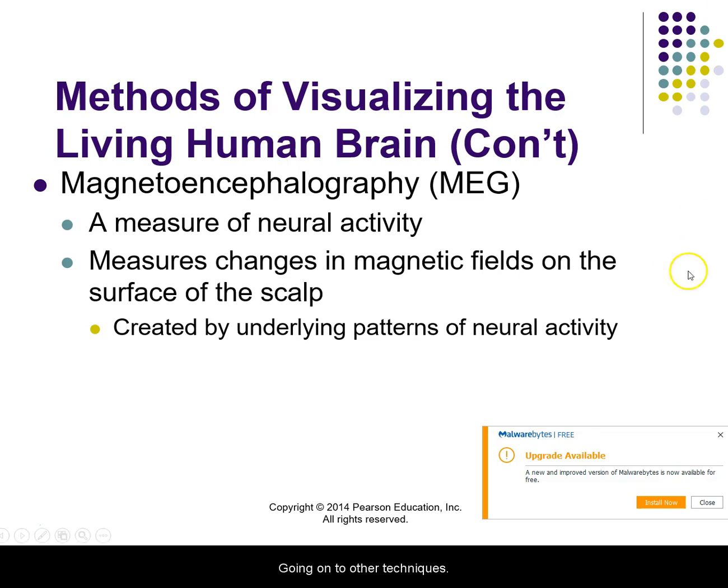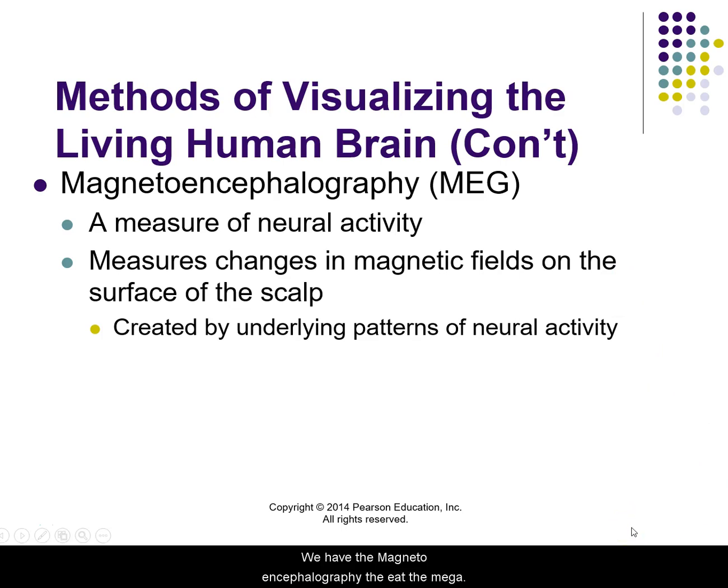Okay. Going on to other techniques, we have the magnetoencephalography, the MEG. This is a measure of neural activity, measuring changes in magnetic fields on the surface of the scalp. So now you're looking at neural activity from scalp electrodes.